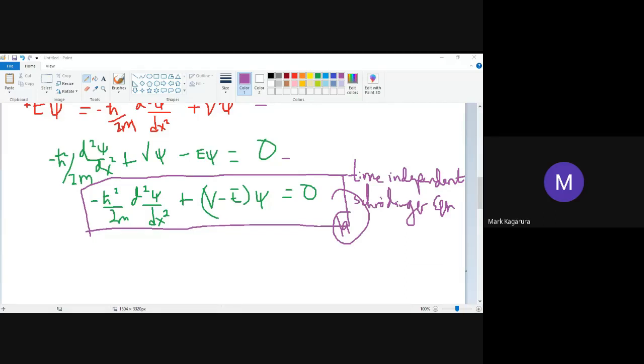Okay, we can get the time dependence by a few manipulations. Well, we just multiply through by, okay, let me just share this screen.